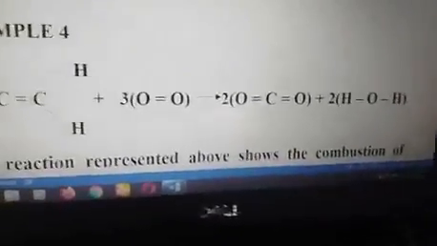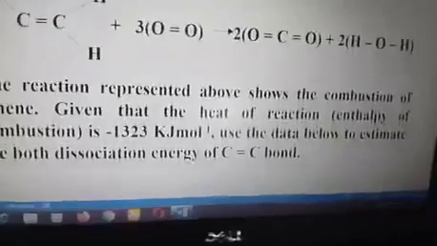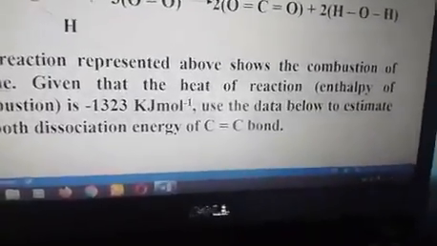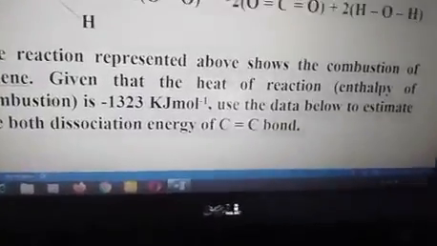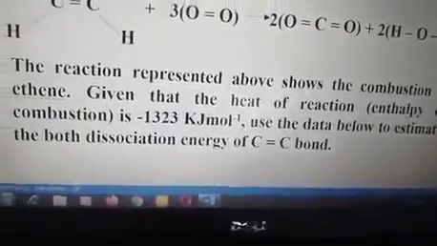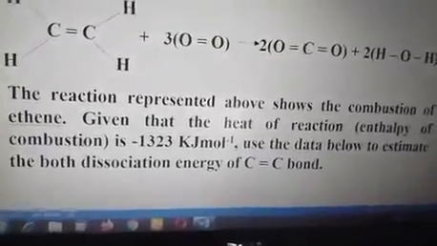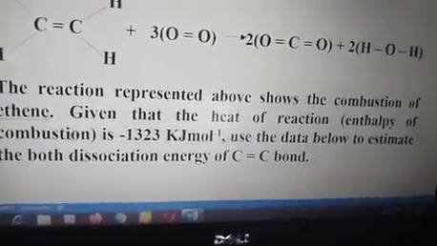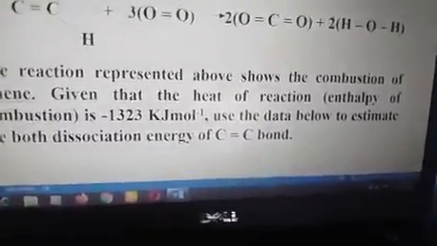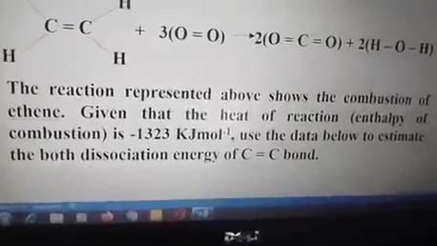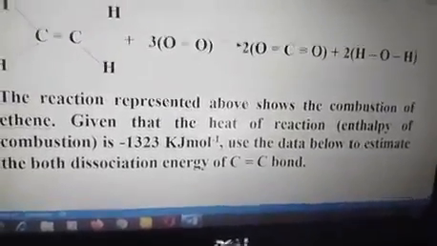We are told that the reaction represented above shows the combustion of C4H8. Given that the heat of reaction or enthalpy of combustion is minus 1323 kilojoules per mole, use the data above to estimate the bond dissociation energy of the carbon-to-carbon double bond.